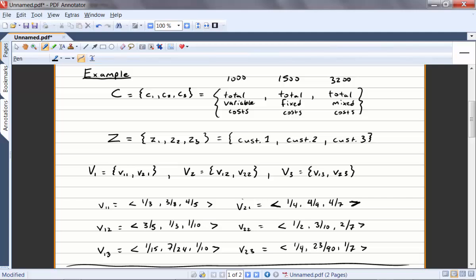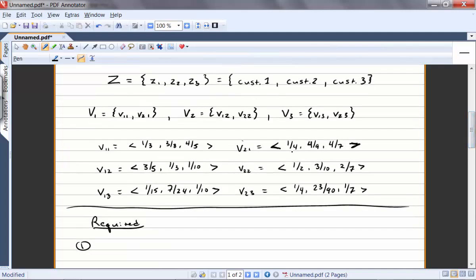For each customer, we have two possible ways to assign the costs in C to that customer. So for customer 1, we have big V sub 1, which consists of two possible vectors: v sub 1,1 and v sub 2,1. For customer 2, we have big V sub 2, which consists of two possible vectors: little v sub 1,2, little v sub 2,2, and so forth.